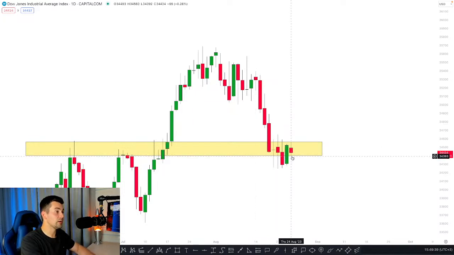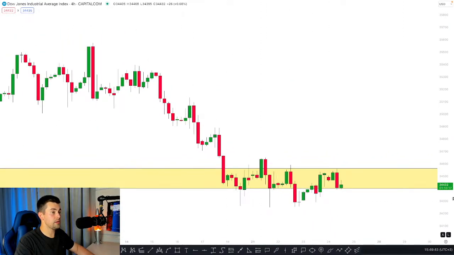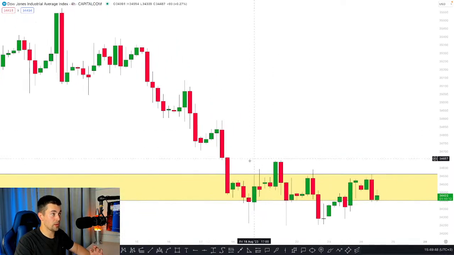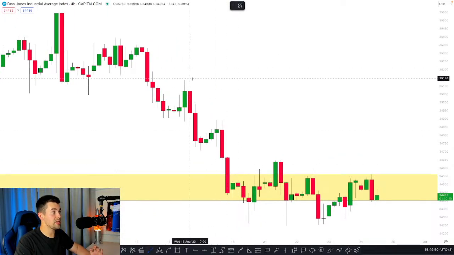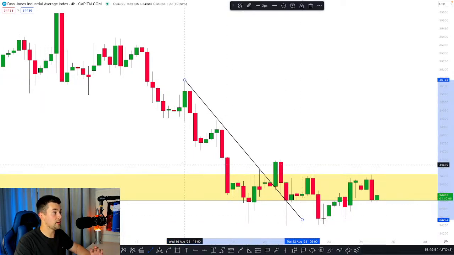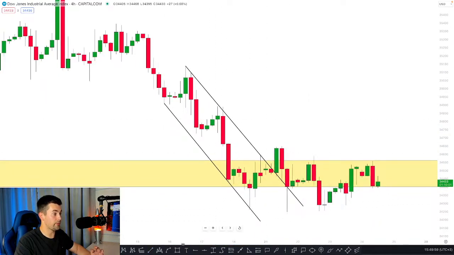So checking the 4-hour time frame, here is what we spotted with my students at the beginning of this week. We spotted that the index was trading within that falling channel, right? We got a very nice falling channel right here.